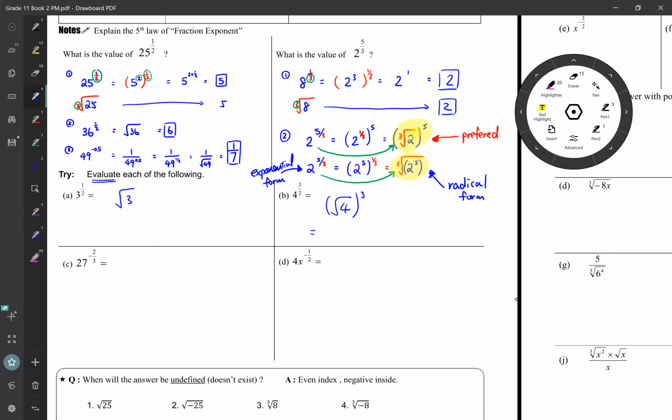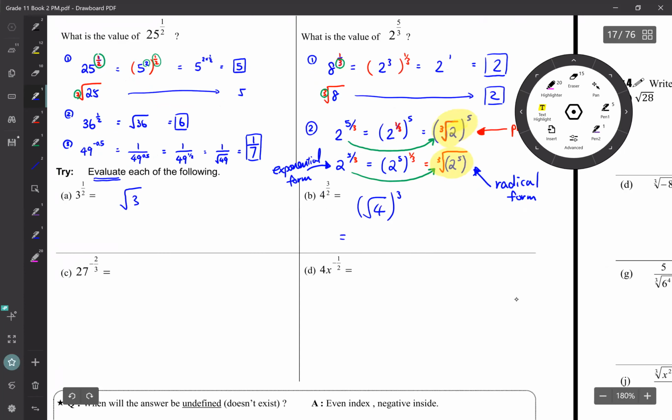What else can we do after that? Angela, could you square root the 4? So what would that become? Just 2 to the power 3 in bracket.